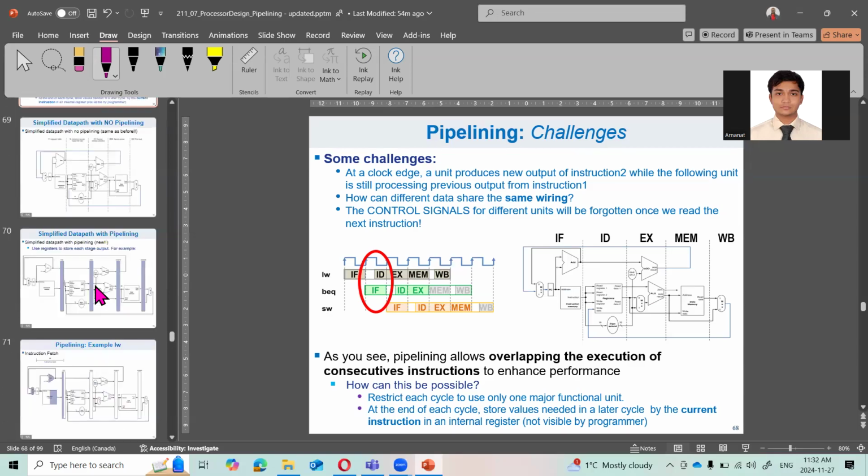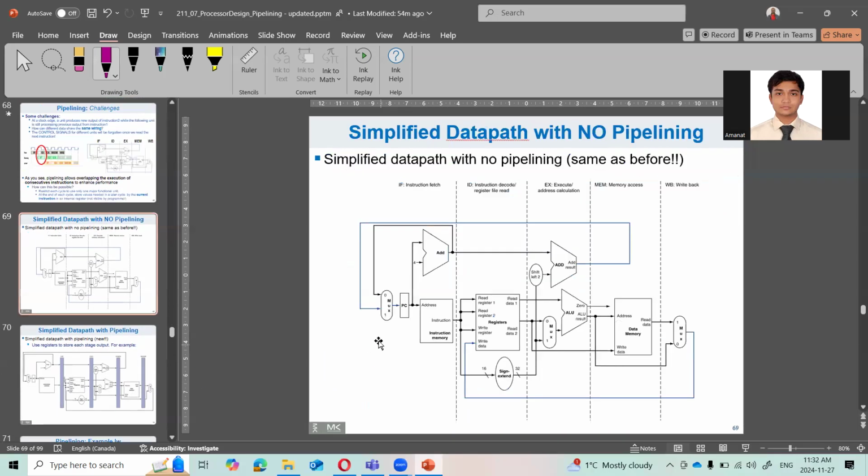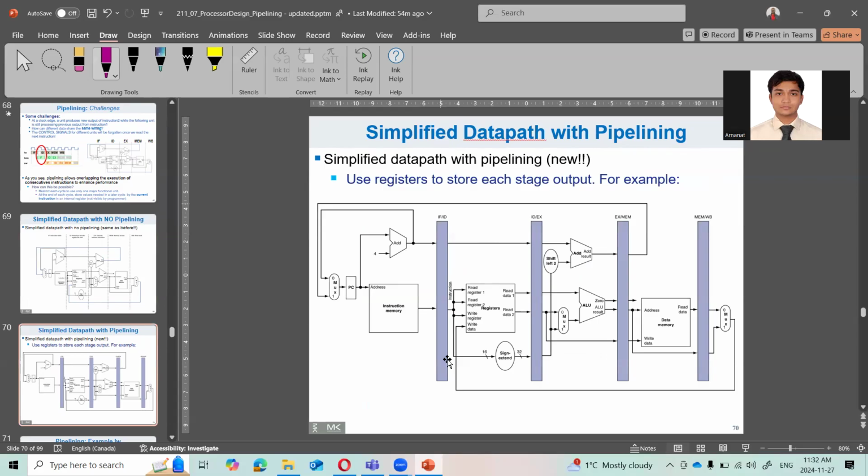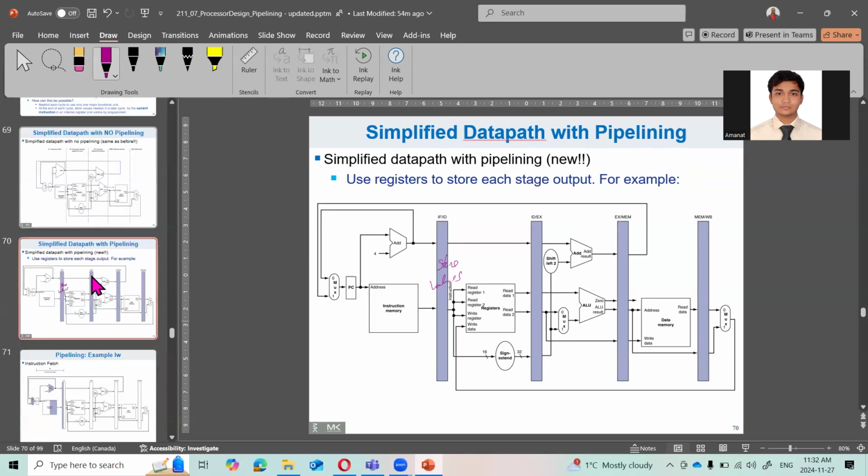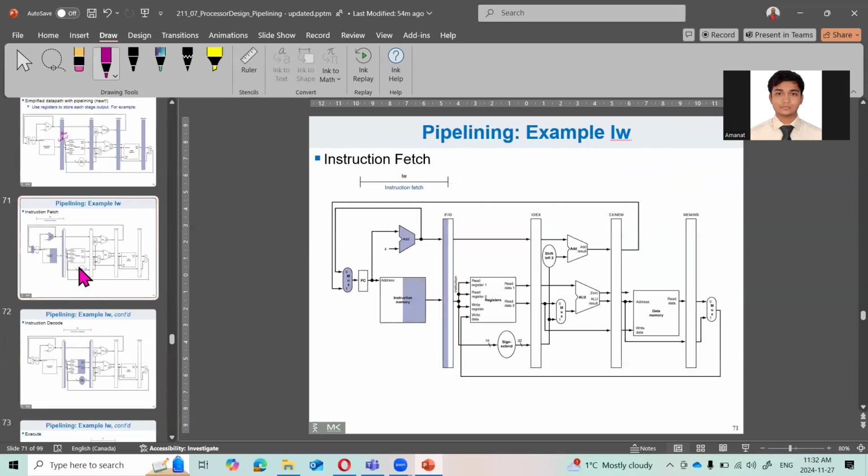There are basically 3 challenges, but what you have to know is in order for the pipelining to work, you need these latches. What these do is they store values, and when you need them, you can pass them over. So when you have these latches, for each stage, you have saved values.